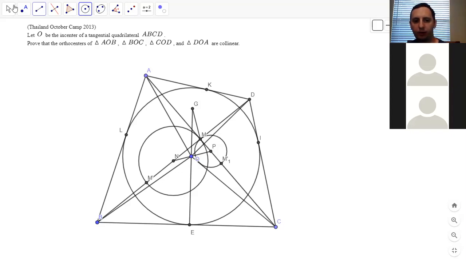I guess it's the same as saying that GN squared minus NM squared is GP squared minus PM squared. Hmm.